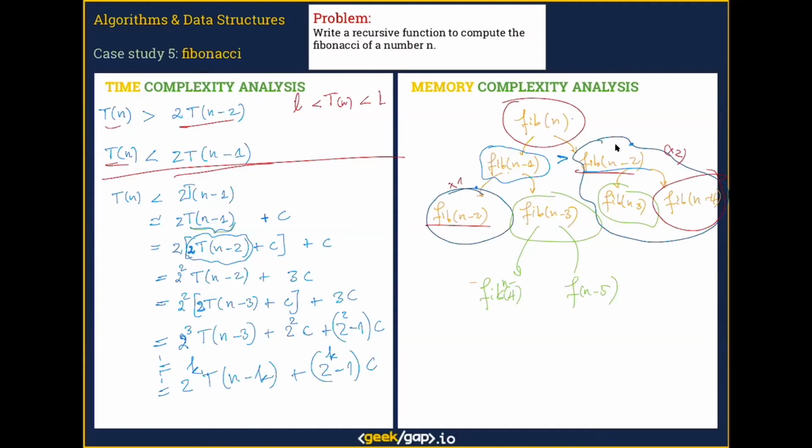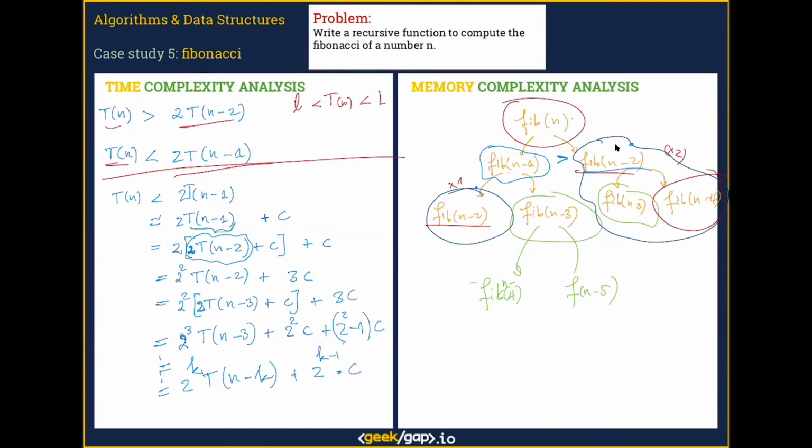Okay, so this is what we have so far. Wait, let me write it down correctly. Okay, 2 to the power of k minus 1 times c.